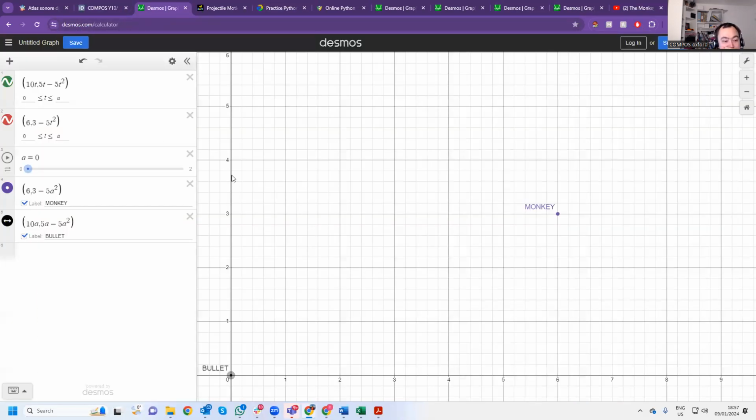What if we shoot at an angle? So once again, we have a bullet and the monkey. The bullet is shot from here. The monkey is here. We are shooting at an angle. So let's say we switch off gravity again.